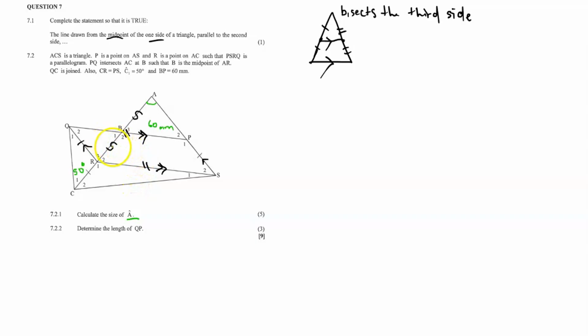Now, if we look at this, we are given angle C1. Since we've got angle C1 that is 50, we have to use angle C1. But now, with our angle C1, we've got a bit of a problem here. We are looking for angle A, and we know that we've got parallel lines, so we have to think of three things.